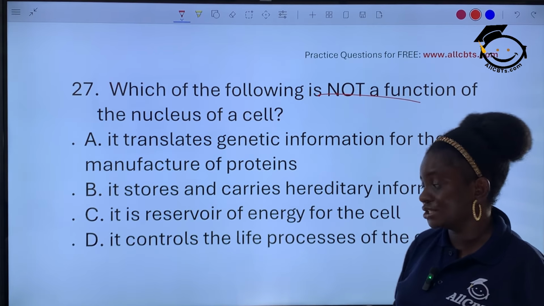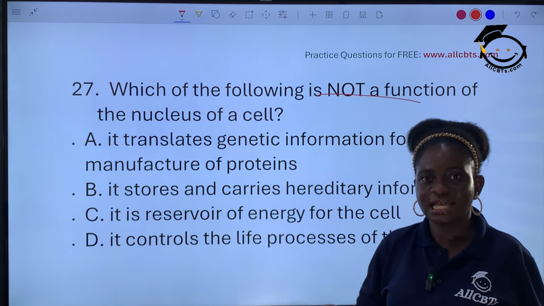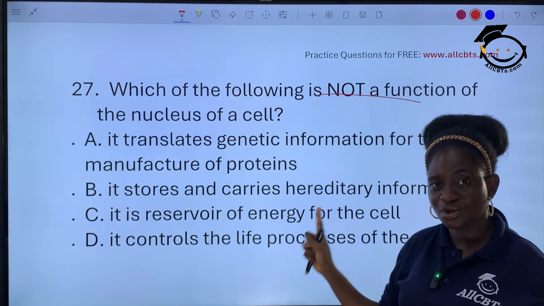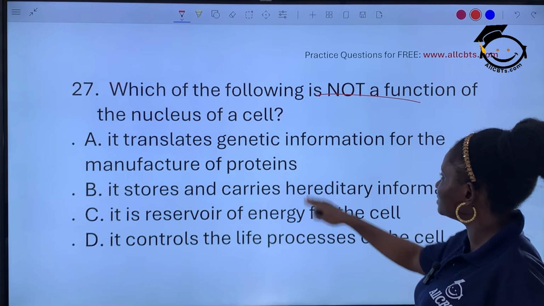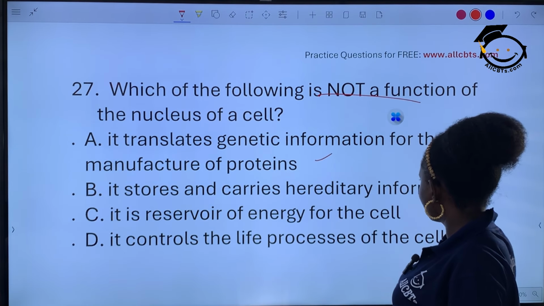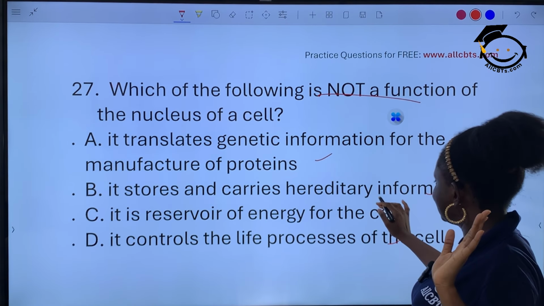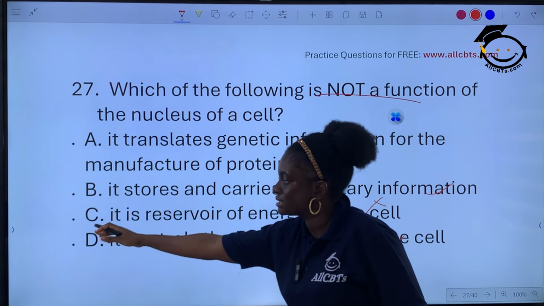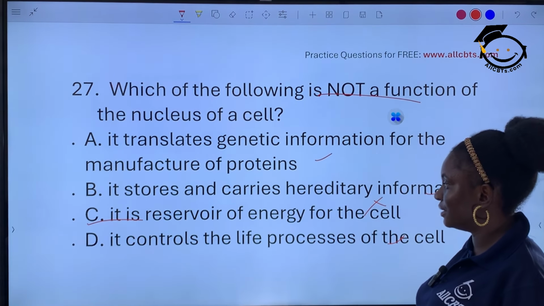But the nucleus is like a controller. It controls every part, every function of the cell. So all these are correct functions, but this is not a function of the nucleus. That makes option C the correct answer.